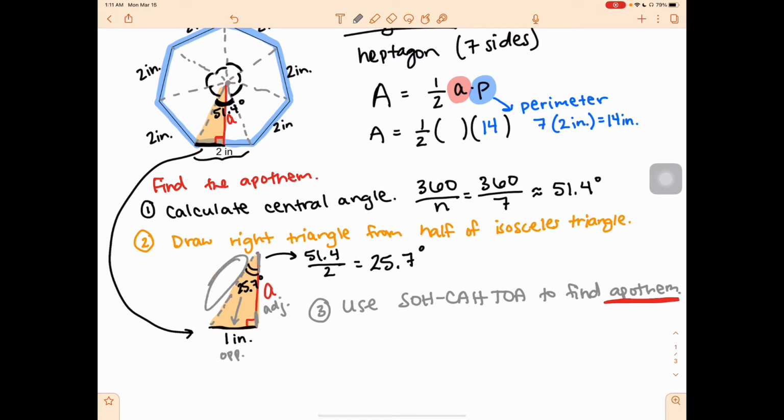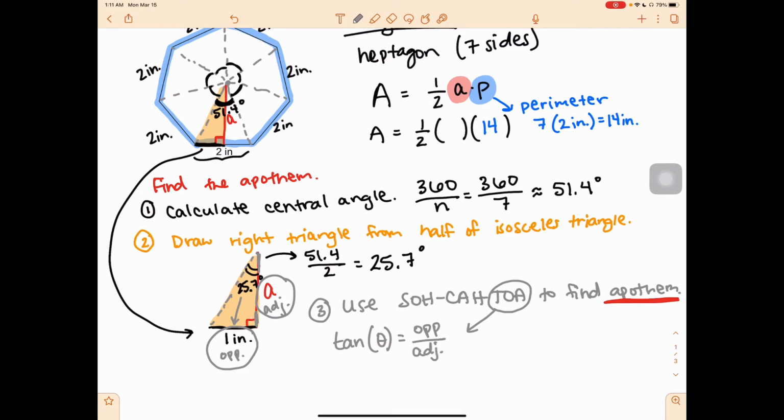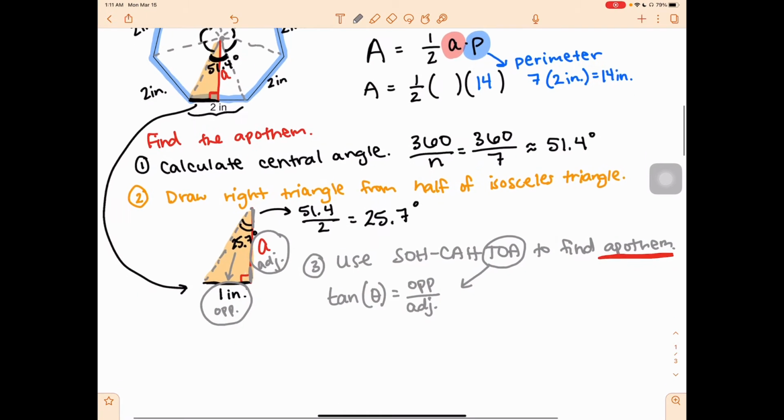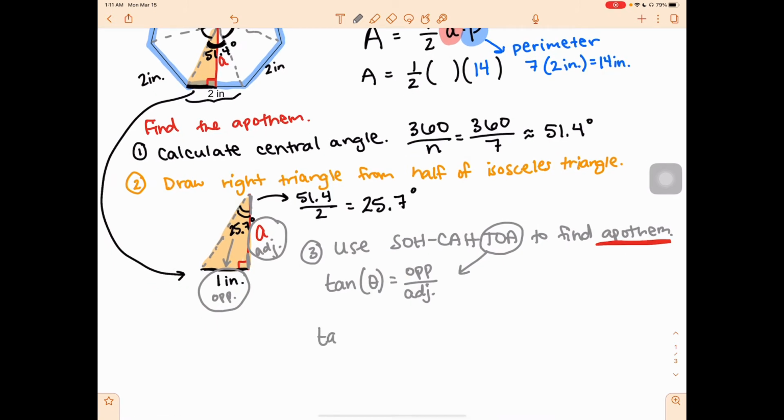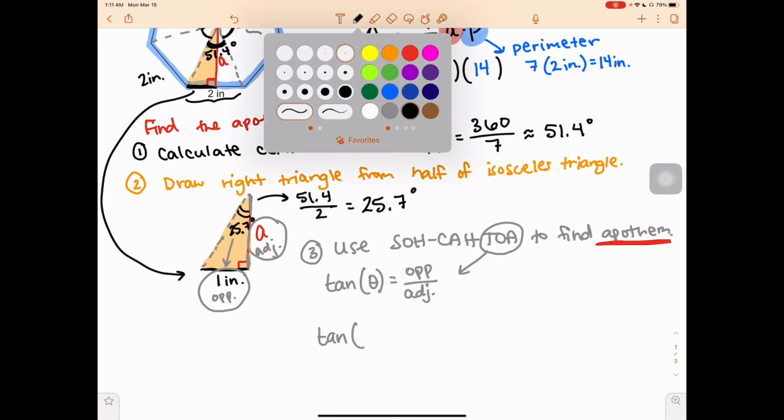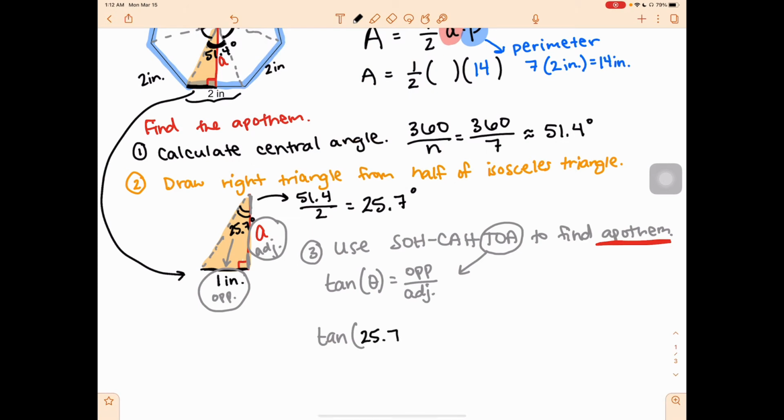And we don't have anything for the hypotenuse here, so we don't have to worry about it. So we have opposite and adjacent to work with. That means we are going to use the tangent function. So we know tangent of some angle theta is equal to the opposite over adjacent ratio. So now we can set that up. So tangent of our angle here is 25.7 degrees.